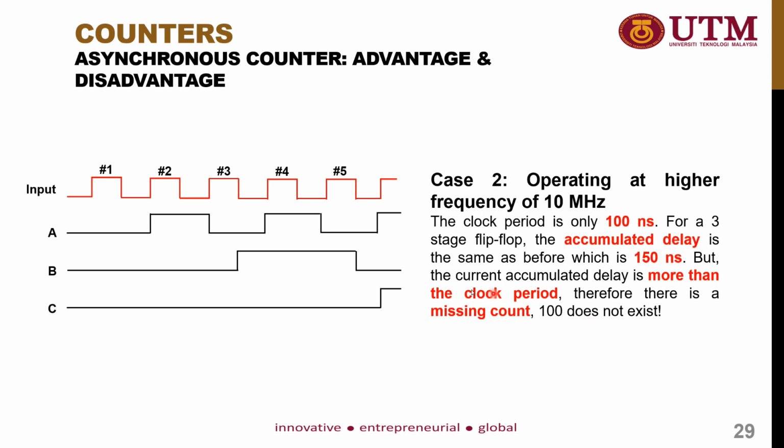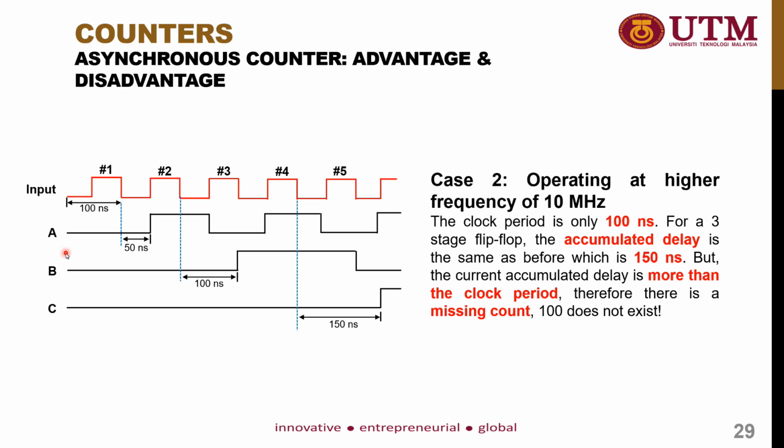So we have a period of 100 nanoseconds, and as in the previous example, let's say we have a delay of 50 nanoseconds for the first stage, accumulating to 100 nanoseconds in the second stage, and 150 nanoseconds for the third stage of the output.